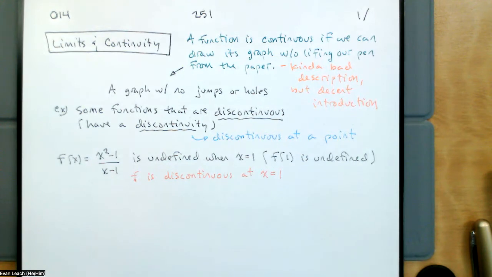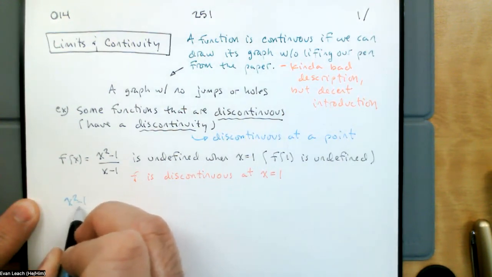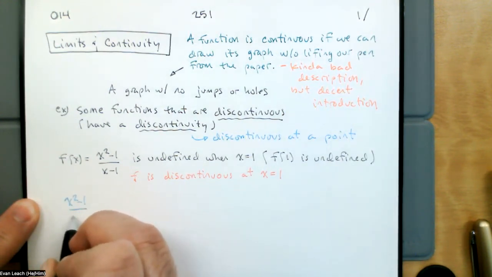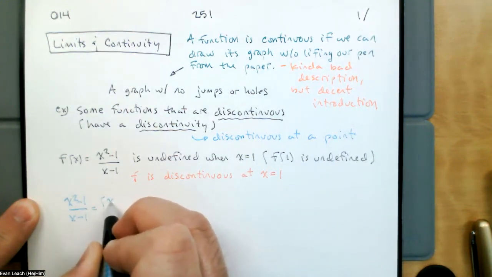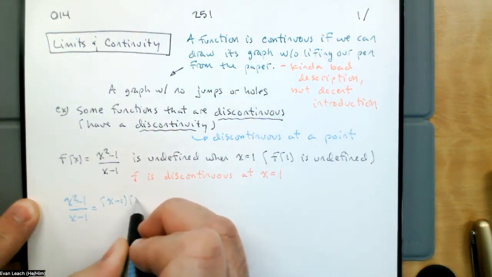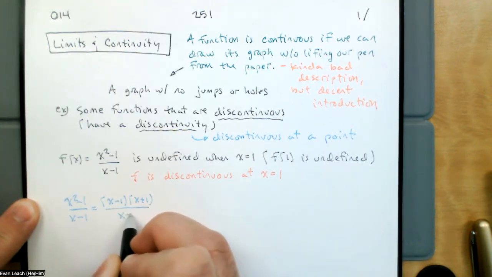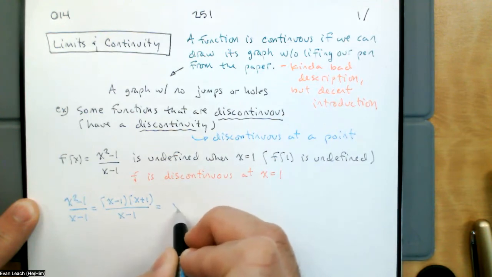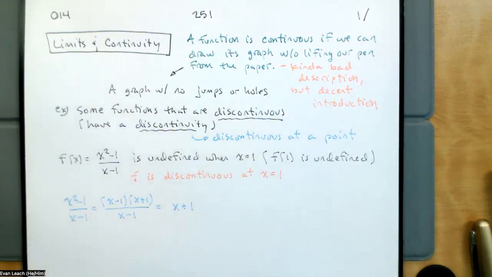I picked this because it's really easy to simplify. We can bust out our mad algebra skills, factor the numerator, and cancel out the x minus 1. And so we get this equation.